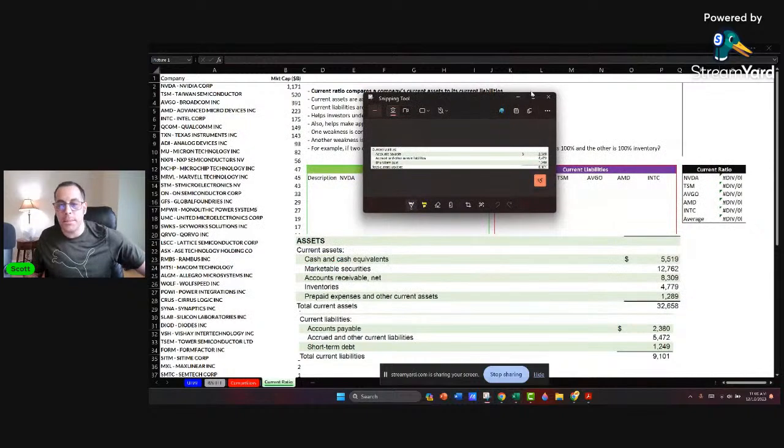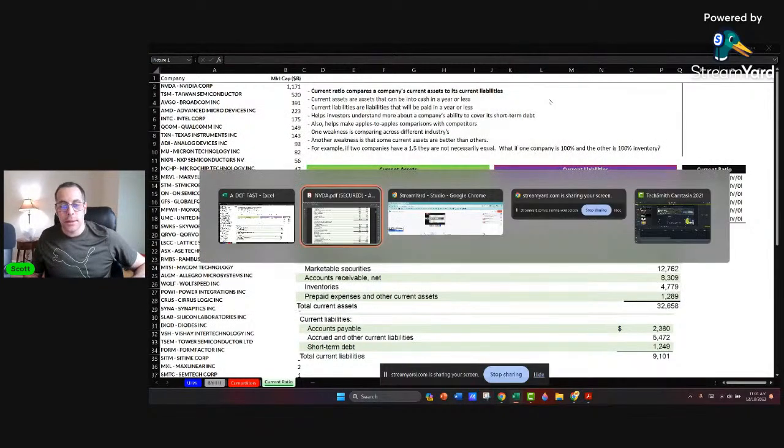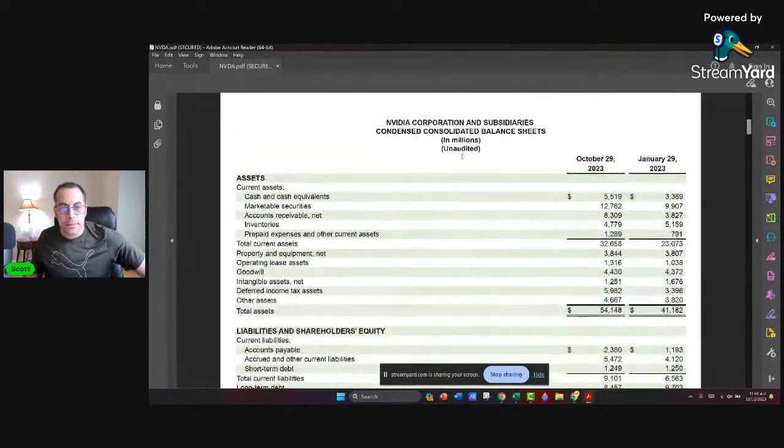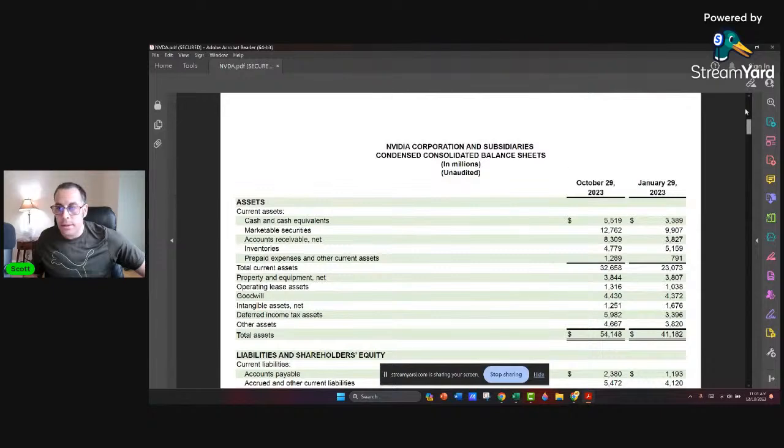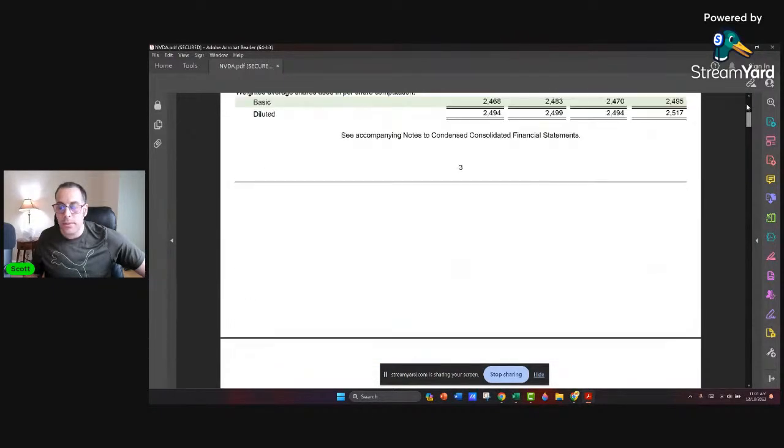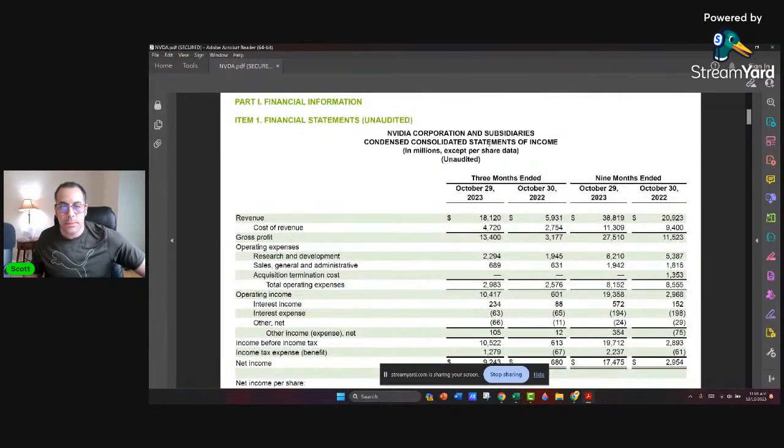Even something as simple as the income statement. Like this is called the condensed consolidated statements of income. So it's the income statement. It's kind of switched around. So it's kind of obvious.